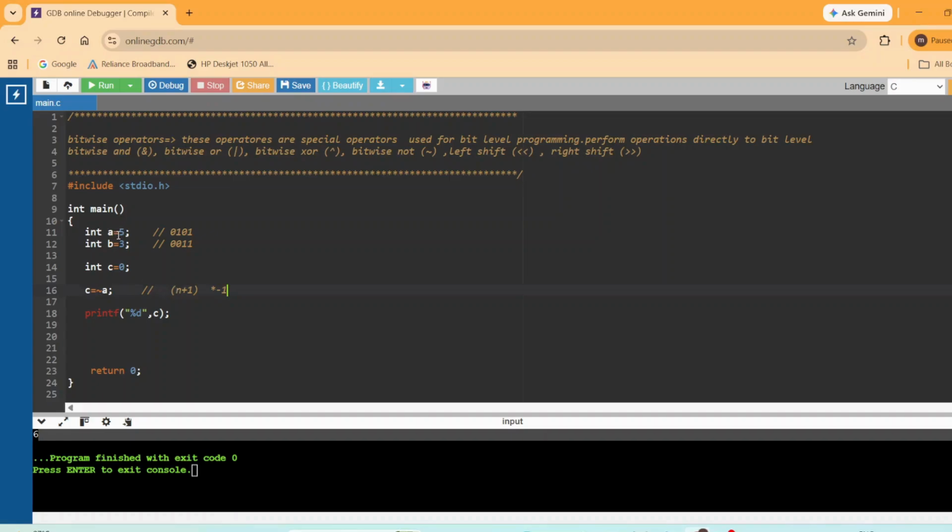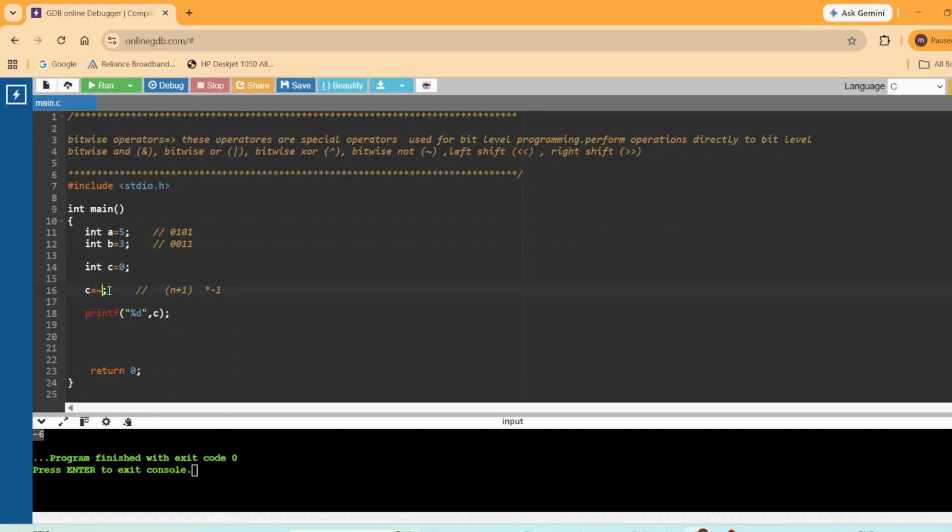So suppose we give 5, then 5 plus 1 is 6, and into minus 1, that is minus 6. So we will get output minus 6. See, we are getting minus 6. If we give 3, then we will get output 3 plus 1, 4, minus 4. So we can use this formula, minus of n plus 1.